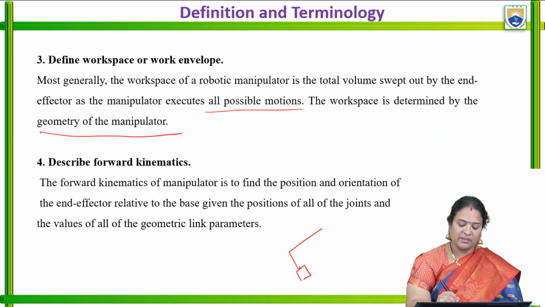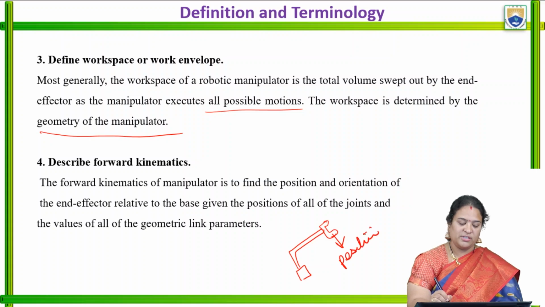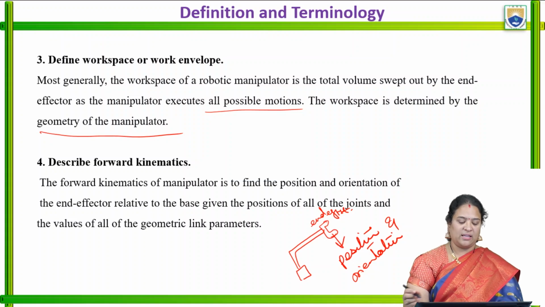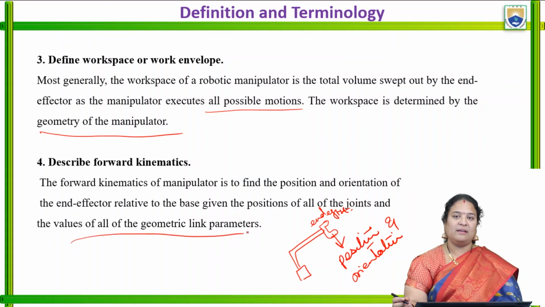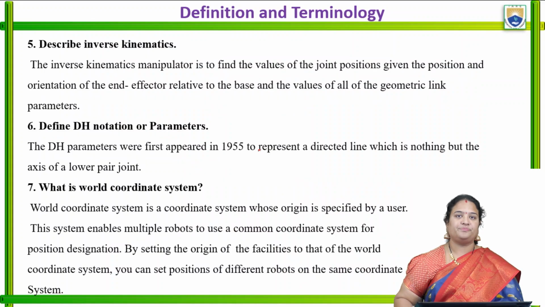If we have any type of end effector, forward kinematics is used to find the position as well as the orientation of the end effector, based on the given positions of all the joints and the values of all the geometric link parameters. That is known as forward kinematics.